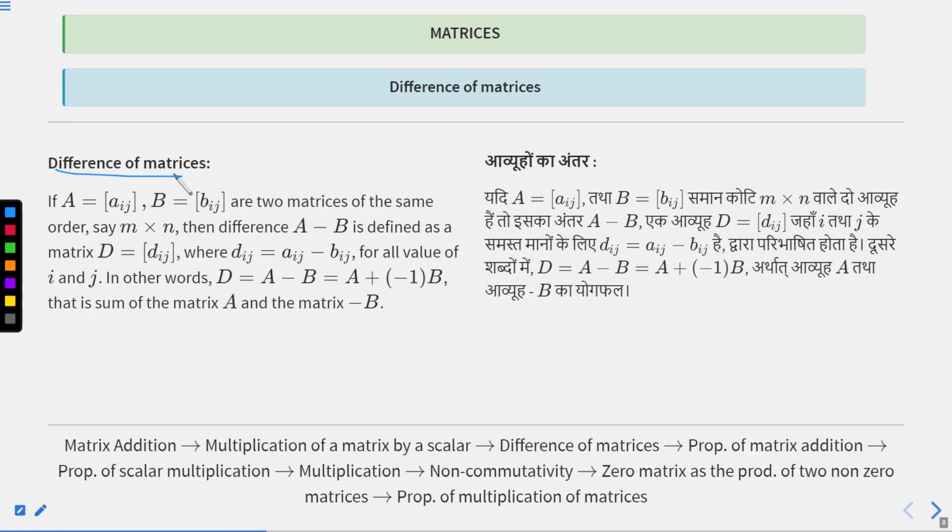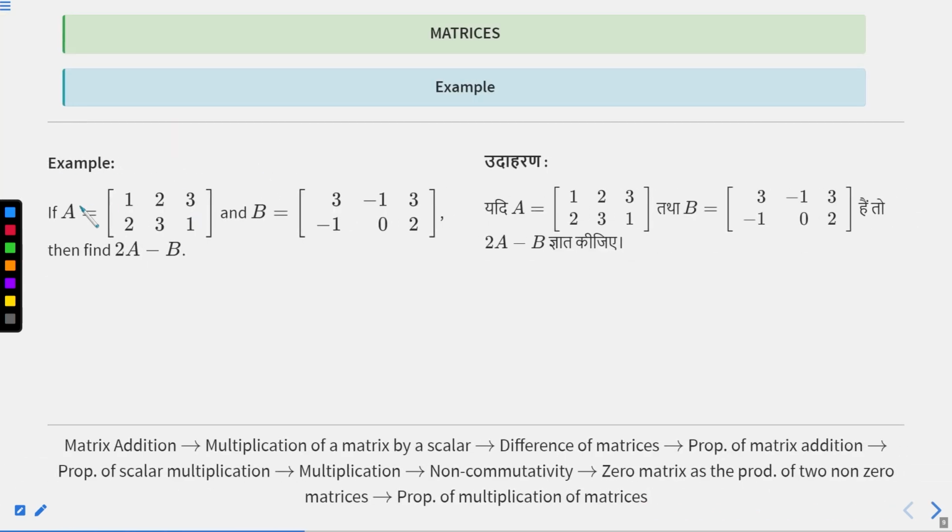And then we define the difference of matrices. By an example, as we saw, if you have two matrices and you have to find the difference, then 2a means the scalar multiple: you multiply each entry with 2. Then a minus b can be rewritten as this, and you will get the same answer.